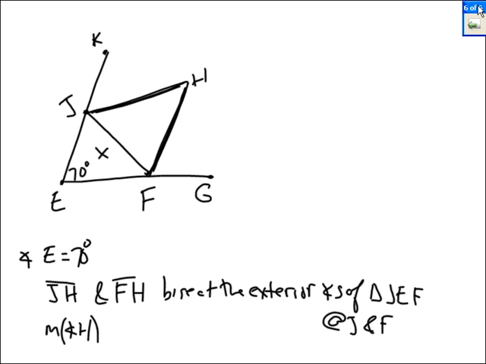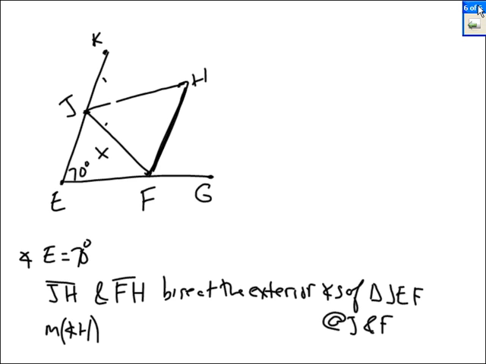Now, when it comes to point J, if you ignore this line for one moment, that's the exterior angle of the triangle. Okay, and this line bisected that angle.